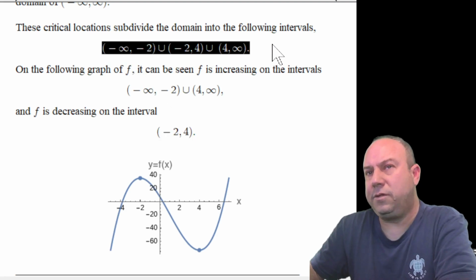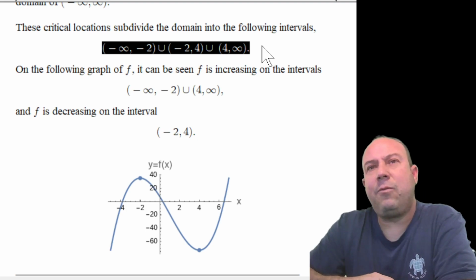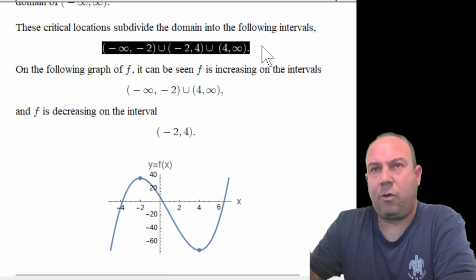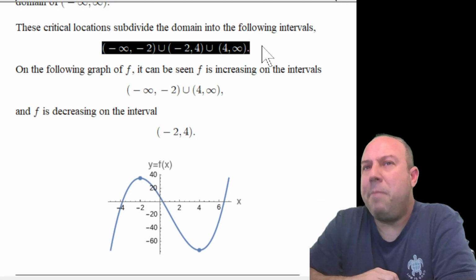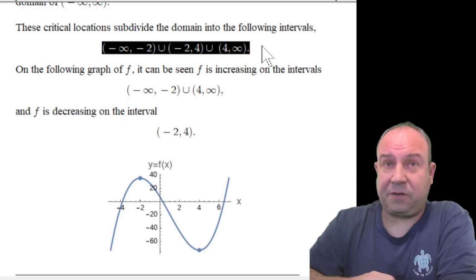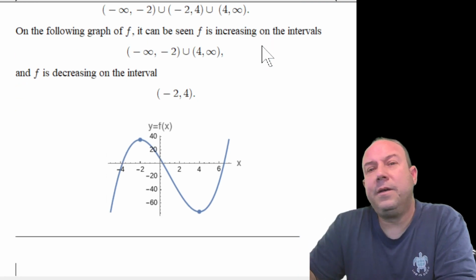Those are the intervals that formed in our domain, bounded by our critical points at negative 2 and 4. Many of our critical points play the role of boundaries in our intervals of increasing and decreasing.